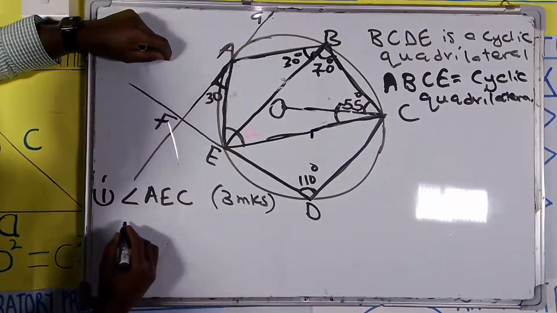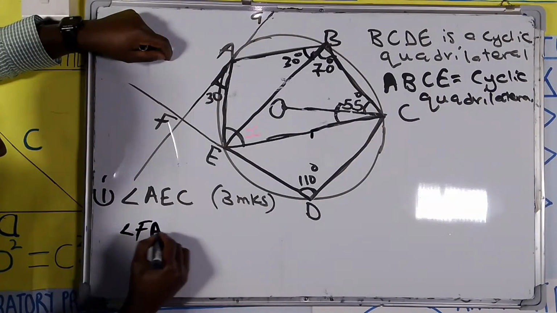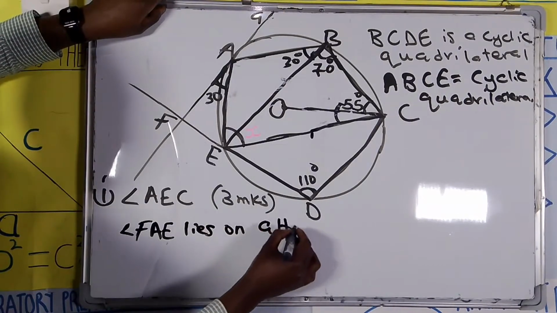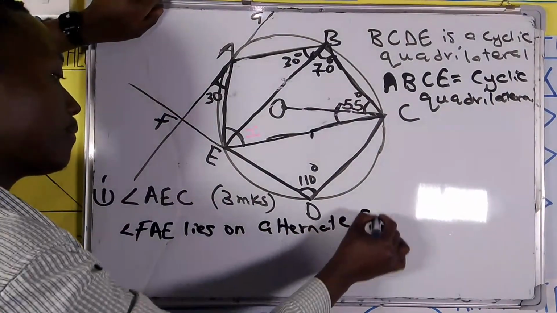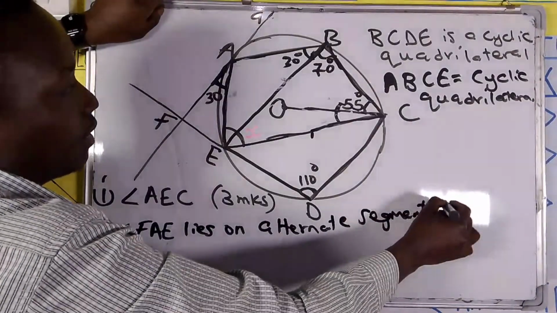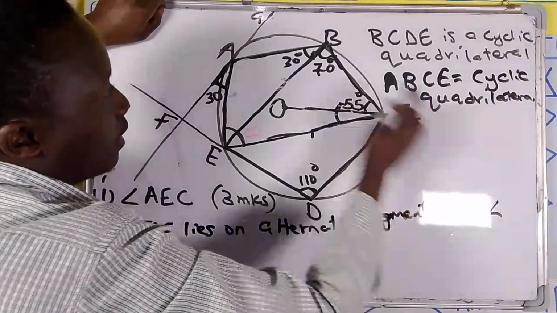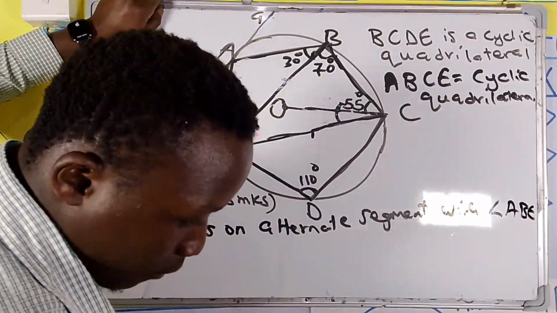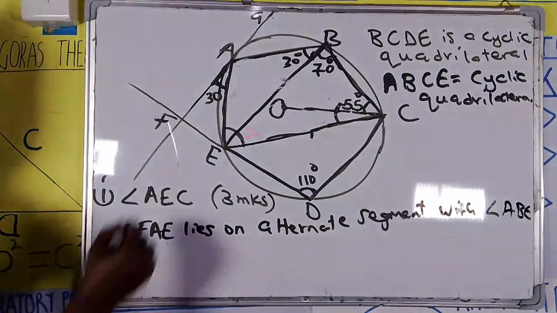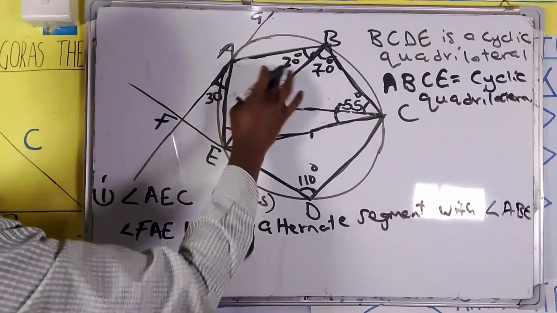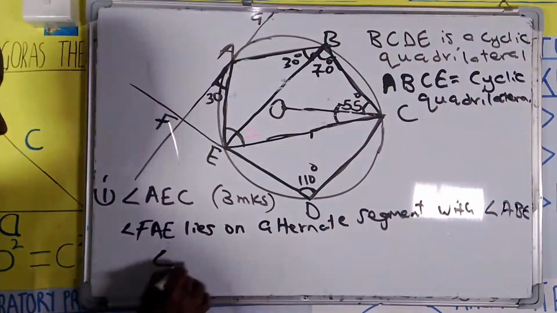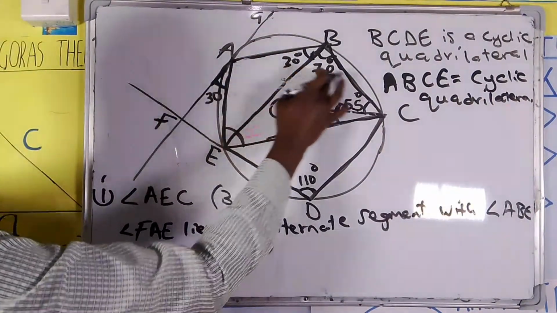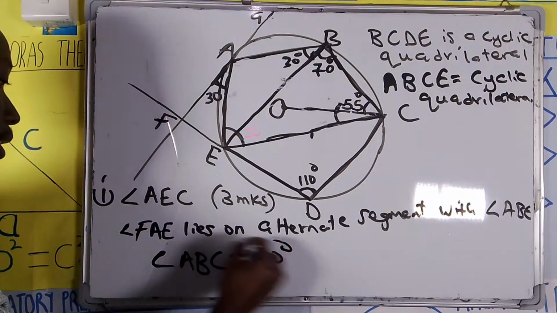So angle FAE lies on alternate segment with angle ABE. Therefore, this one is 30. So if this one is 30, it means that angle ABC, the whole of it, is going to be 30 plus 70, which is 100 degrees.